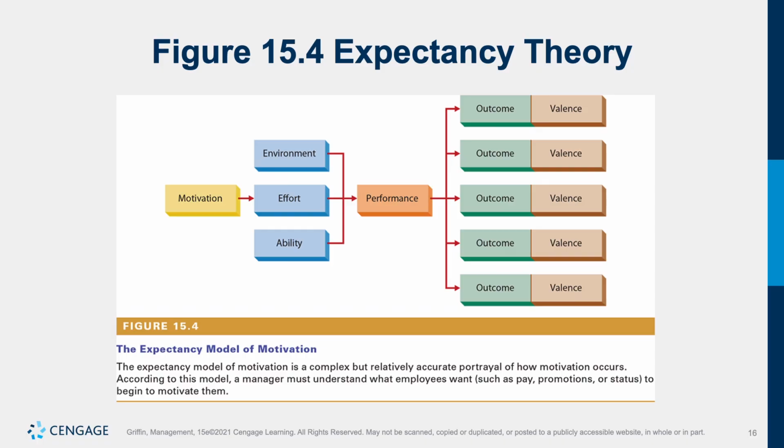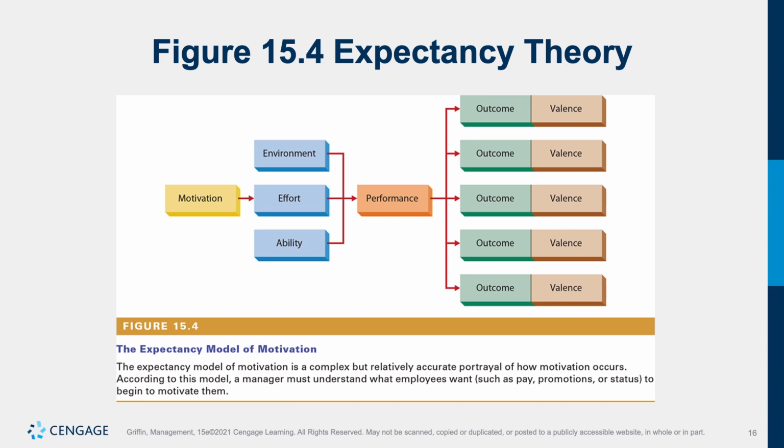So this diagram on this slide is basically an illustration of the expectancy theory. It basically stipulates that for an employee to be motivated, first and foremost on the job, they should possess the relevant capabilities or abilities to get the job done. Now they should put in the effort, right? Having the right abilities doesn't just provide for good performance.